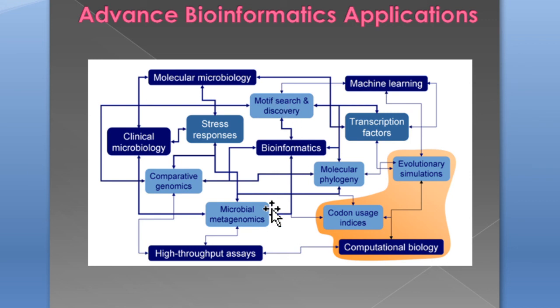Now, if we want to talk in detail about the various advanced bioinformatic applications, it could be done with the help of microbial genomics. Comparative proteomics is a basic part of performing any bioinformatic-based analysis. For this, you can use clinical microbiology and see what kind of stress is involved, and then obviously it involves the study of molecular microbiology.